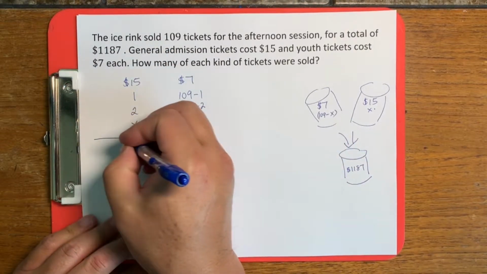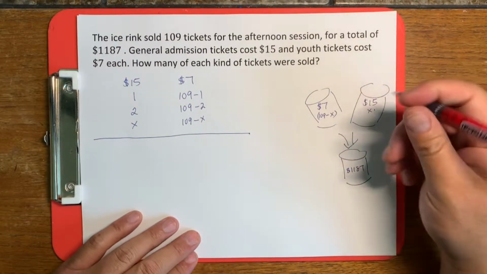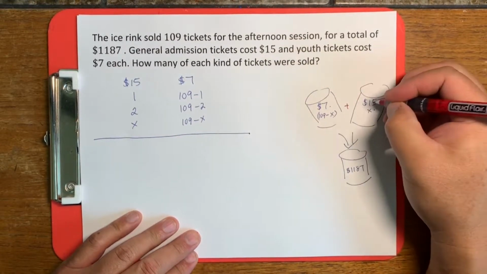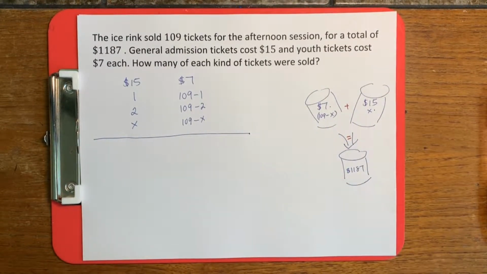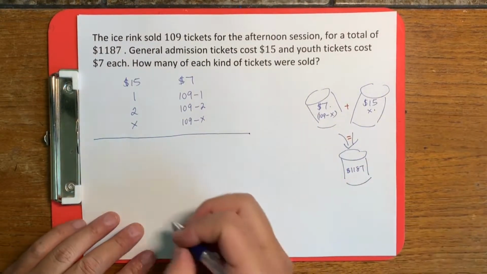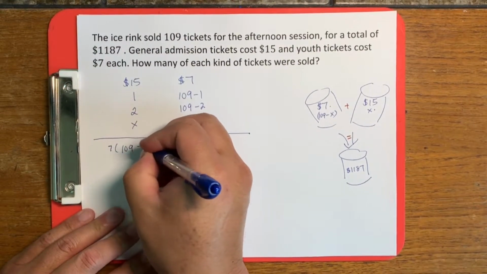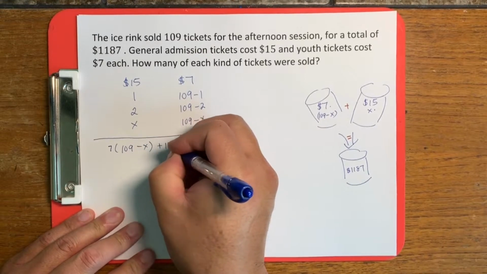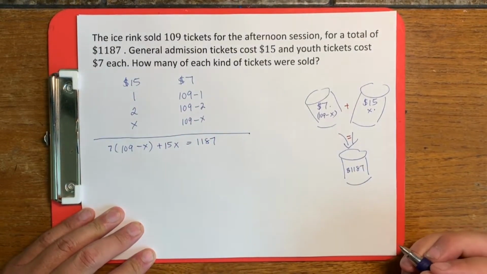Okay, now let's solve this problem. We have 7 times this plus 15x is equal to 1,187. So let's write that down. We have 7 times 109 minus x plus 15x is equal to 1,187.